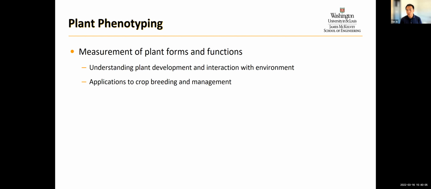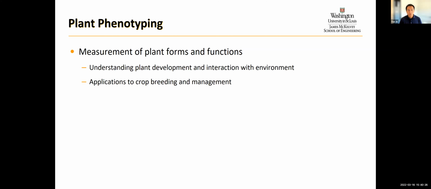Some applications are in agriculture, for example, how to breed the next generation of crops that are not only resistant to drought and to pests, but also can benefit the environment. And how do we manage those crops, right? So these all relate to the forms and functions of the plants.